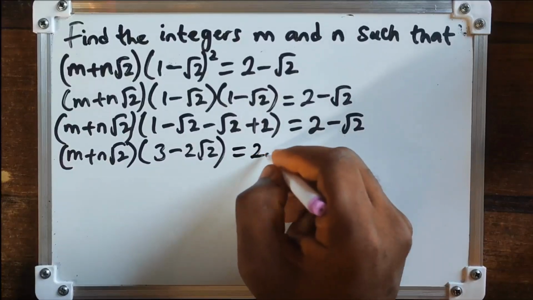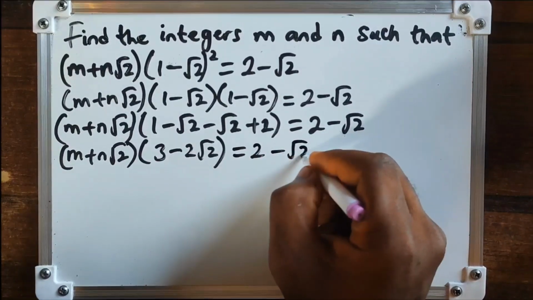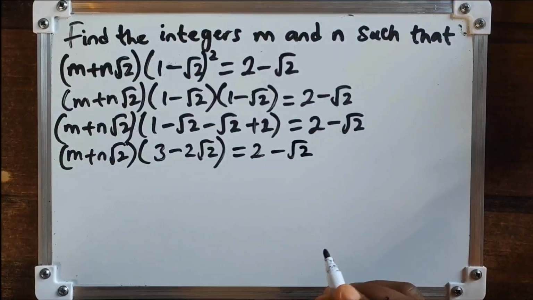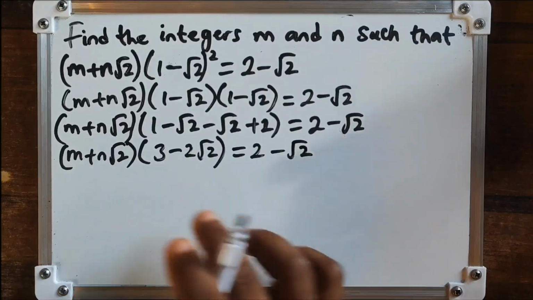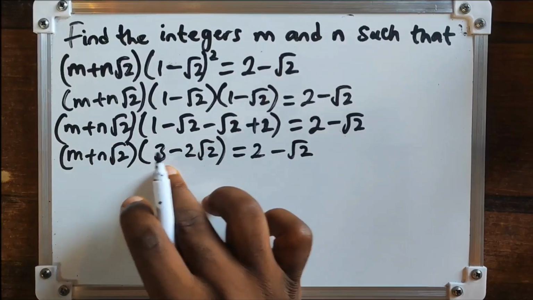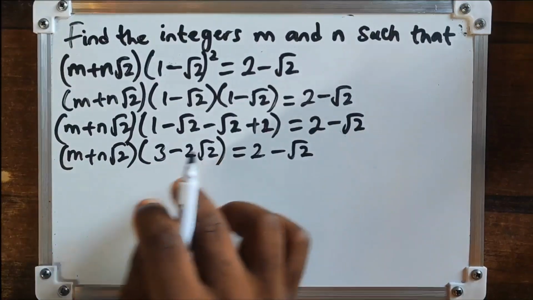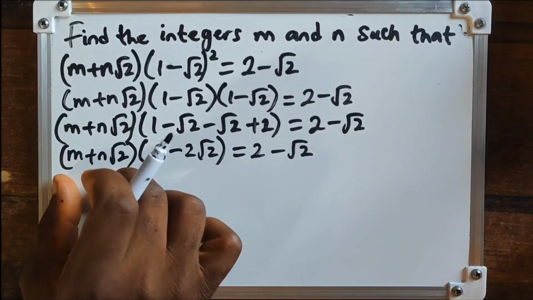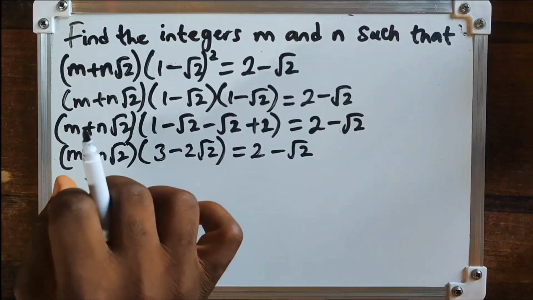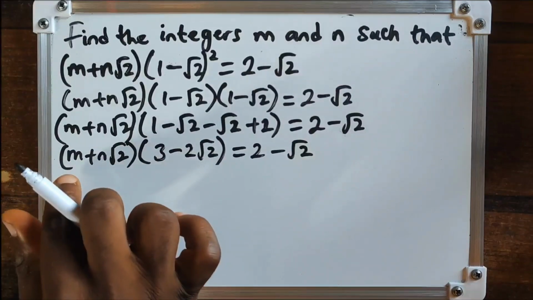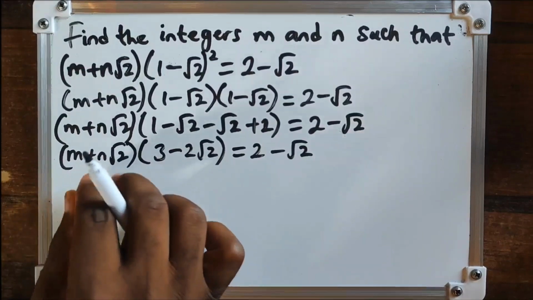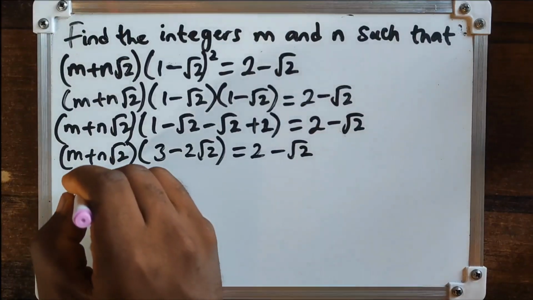The other side I have 2 minus root 2. So what to do next is to divide both sides by this 3 minus 2 root 2, so that I can have the one with the unknown values, that's the m and n, on one side of the equation.